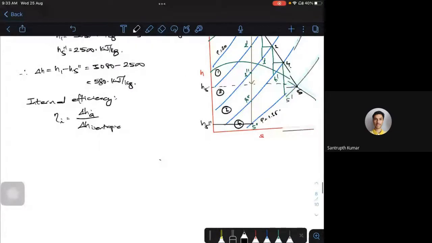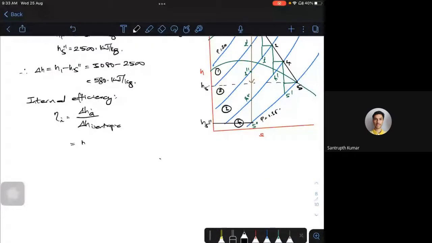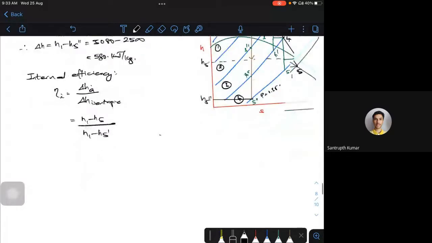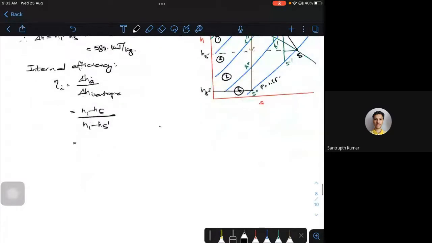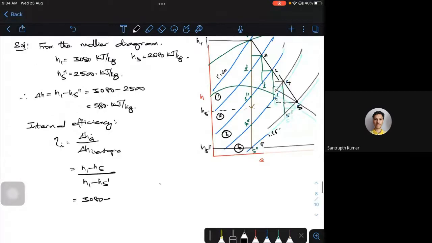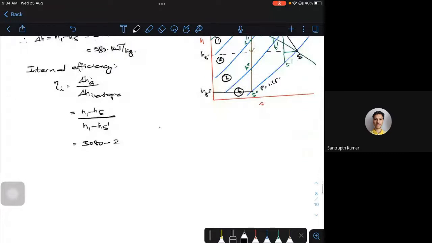Okay, so delta H actual will be H1 minus H5 divided by H1 minus H5 dash. Okay, 3080 minus your 2680, divided by 3080 minus 2500.